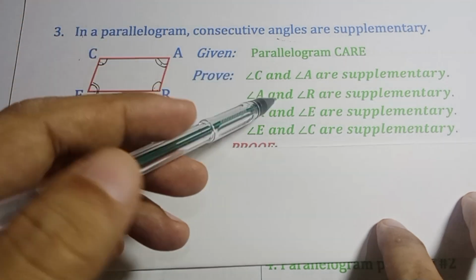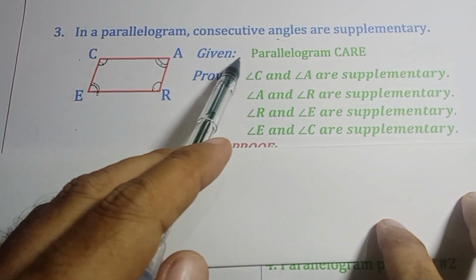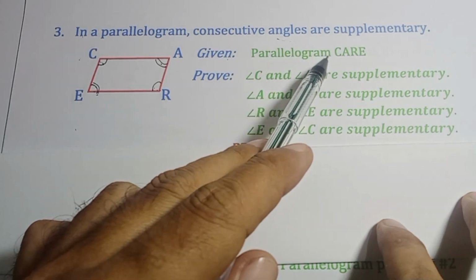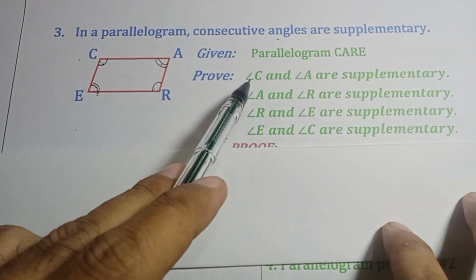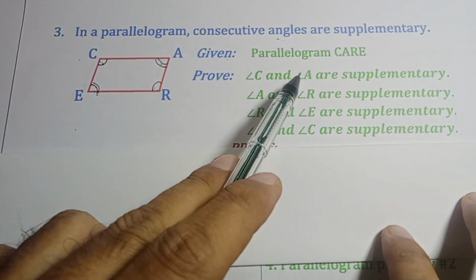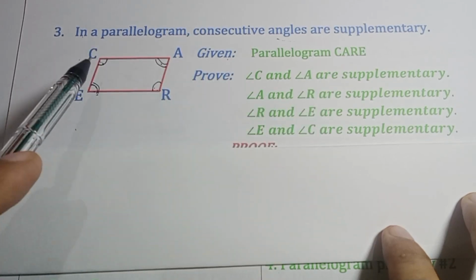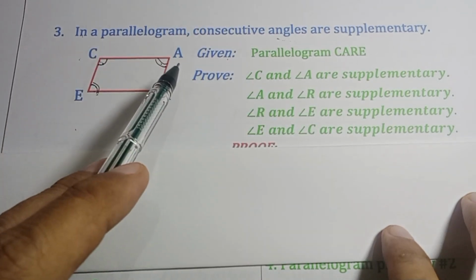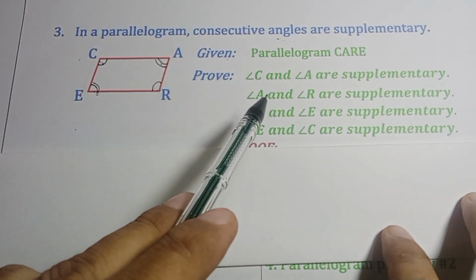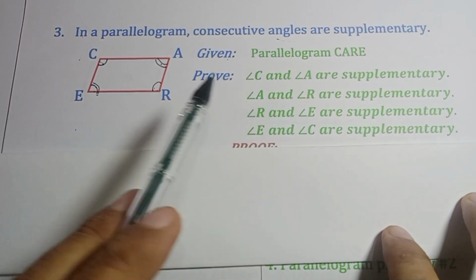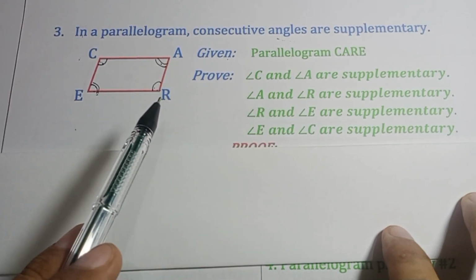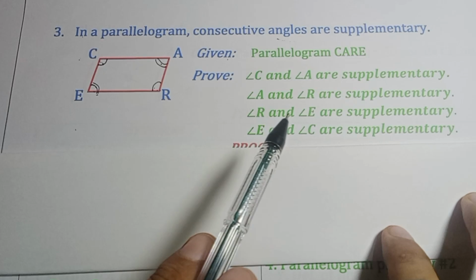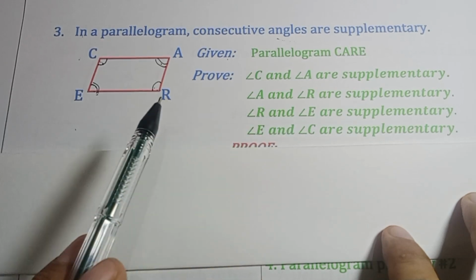So we have in writing, given parallelogram CARE. We are going to prove that angle C and angle A are supplementary. Angle A and angle R are supplementary. Angle R and angle E are supplementary.